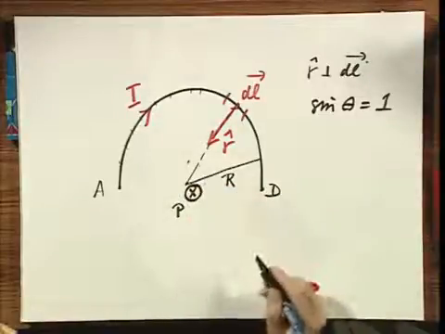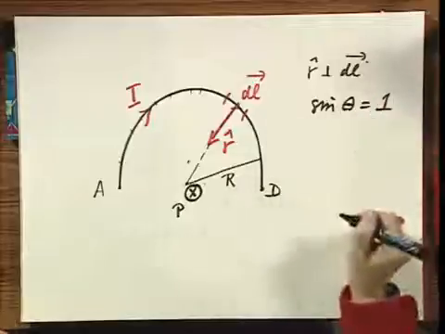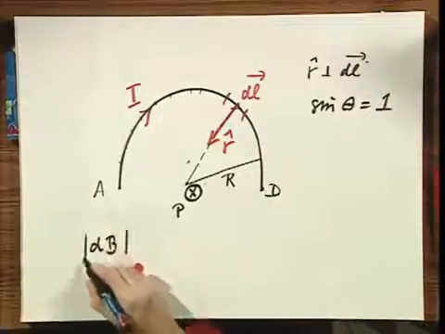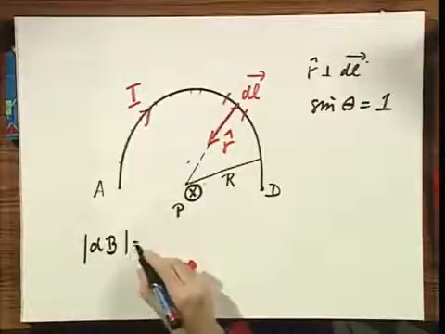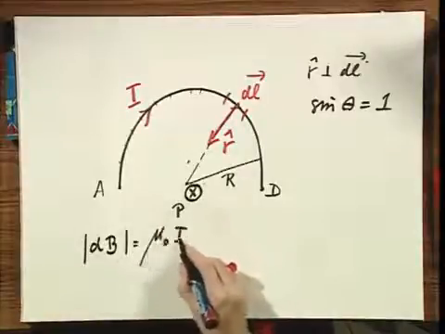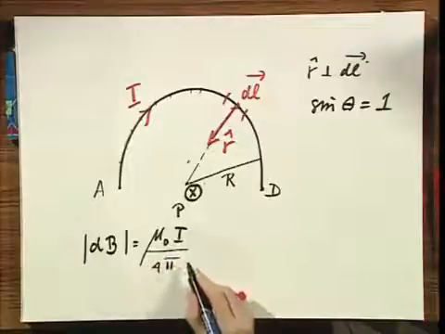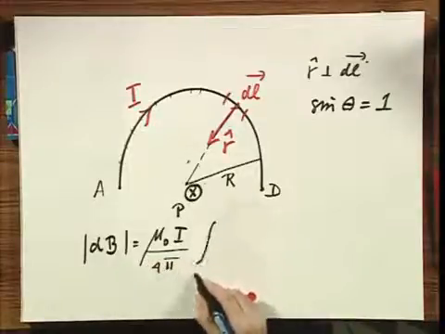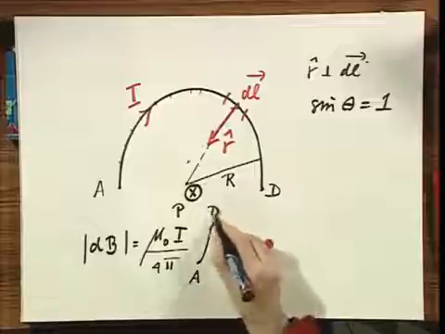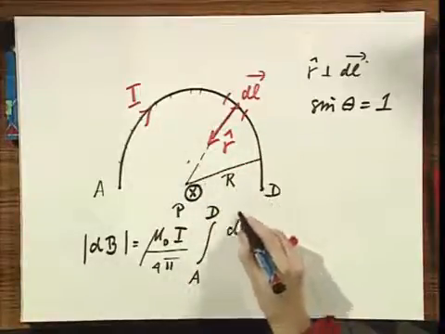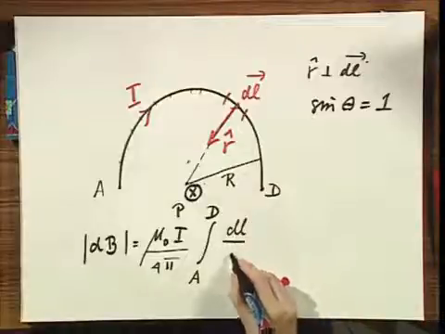All right, so I can delete the cross, and I can write down now what the magnitude of dB is, which is mu 0 times I divided by 4 pi. And I do now a very easy integral from A to D along this arc of dl divided by r squared.